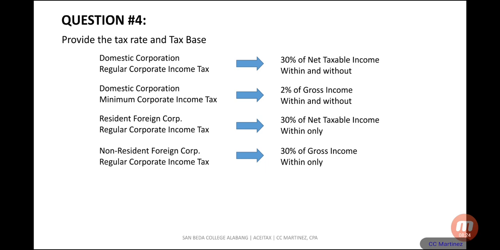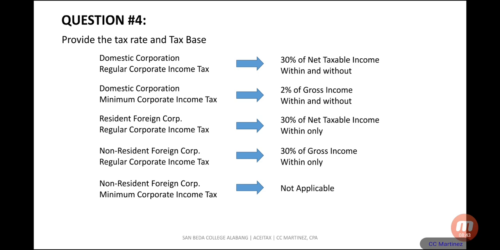Okay, next. Non-resident foreign corp, minimum corporate income tax. Answer, not applicable. So again, hindi applicable sa non-resident foreign corp yung minimum corporate income tax.